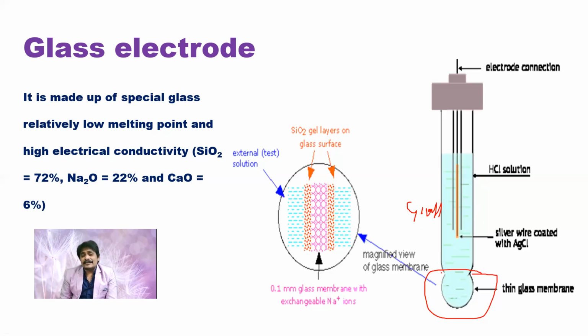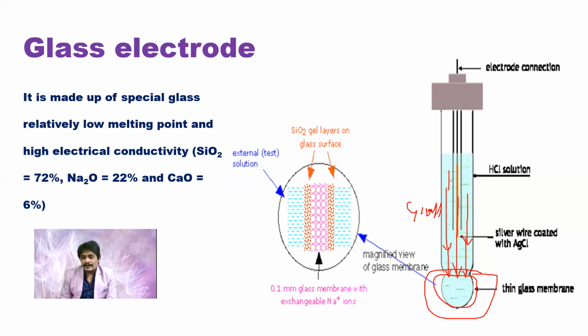And why we are considering it as the active portion of this glass electrode is that it is thin, and it is selective or specific to the H plus ions, which are a part of the internal solution inside the glass electrode. Now what it will do, it will pull the H plus ions of the internal solution towards itself, because this glass electrode is an ion selective electrode, selective to the H plus ions.